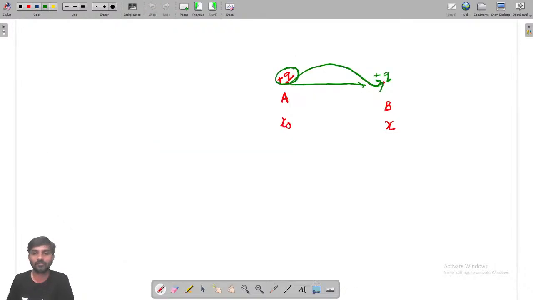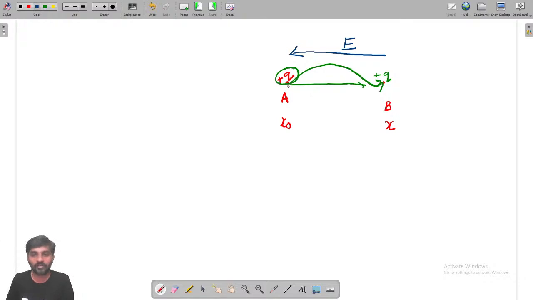So when you are moving from here to here, remember, your field is in this direction. Let's say an electric field.